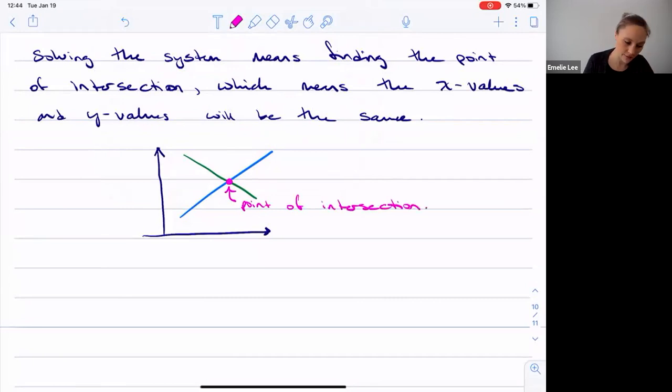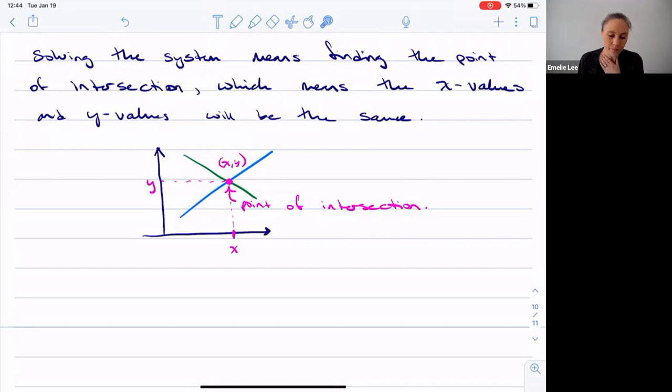And that point of intersection is going to map down to some value of x and map over to some value of y, right? x, y. This is where we've solved the system. Okay.